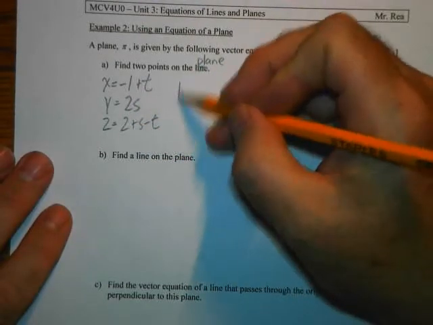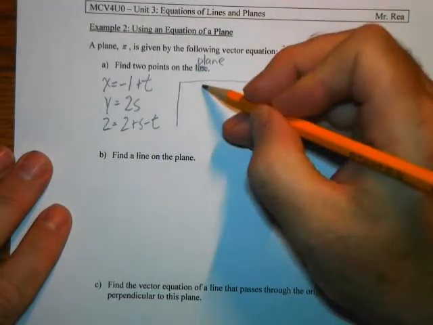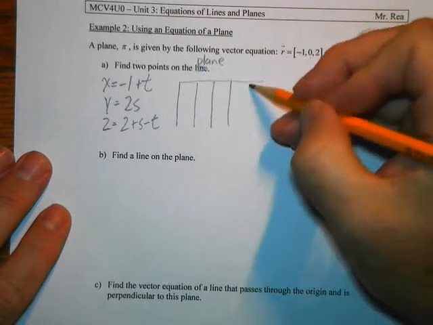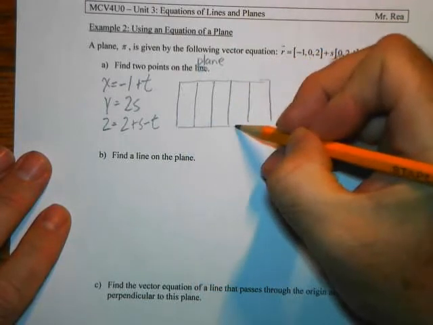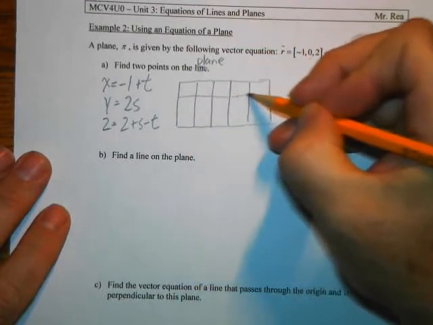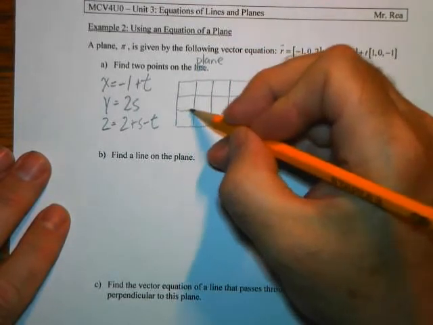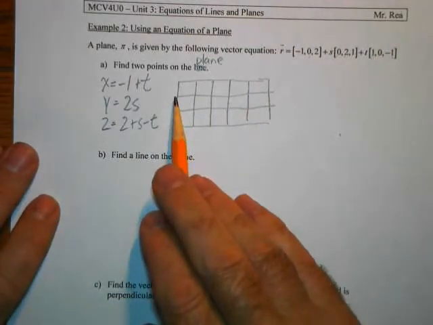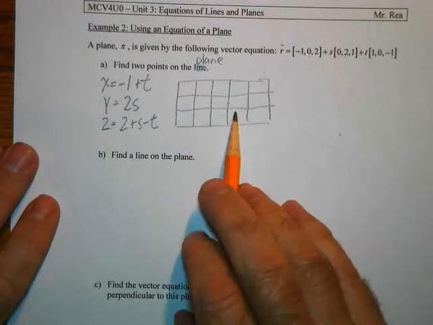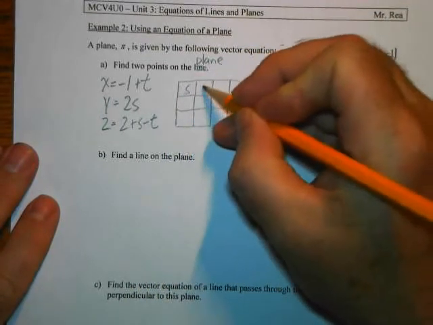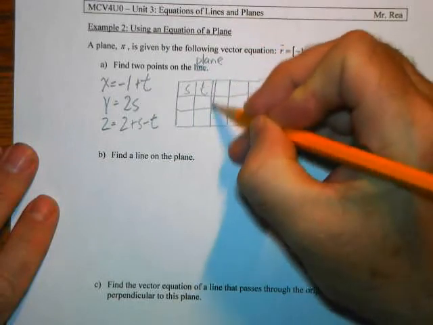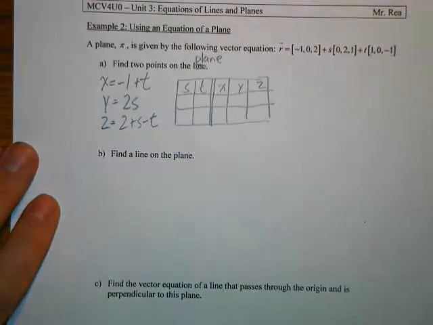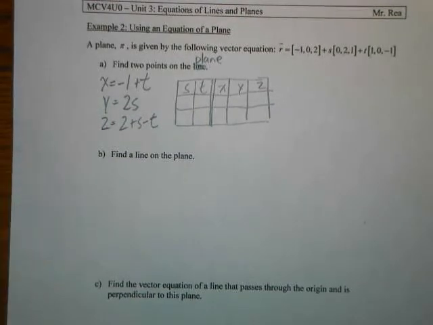Okay, now I can come up with as many points as I want using these parametric equations. And the way I do that, I build a little table to help me. If I only want to find 2 points, I'll build a 3x5 matrix here. So at the top, I'm going to have value of s, value of t, and then values of x, y, and z. This is a pretty common way of finding points on planes.